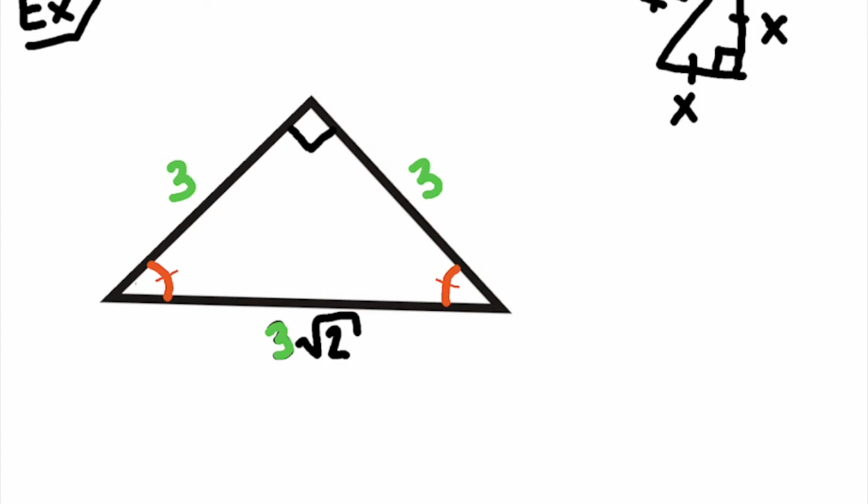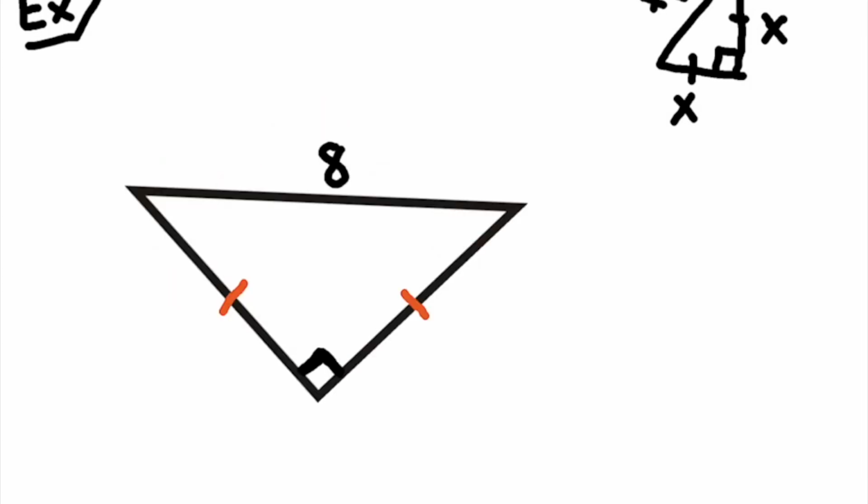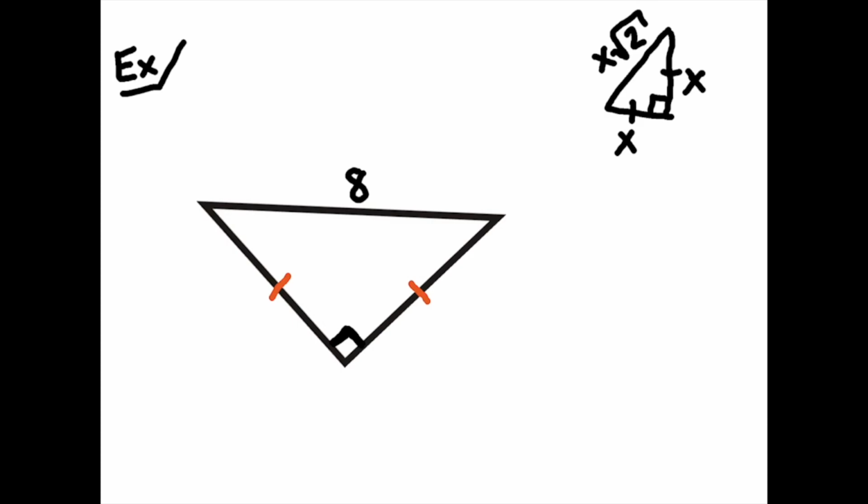Let's do one more example, maybe something we have to think about. Okay, so in this example, our hypotenuse is 8. Again, I've written this formula down at the top, and the formula tells me that the hypotenuse is always some number times root 2.